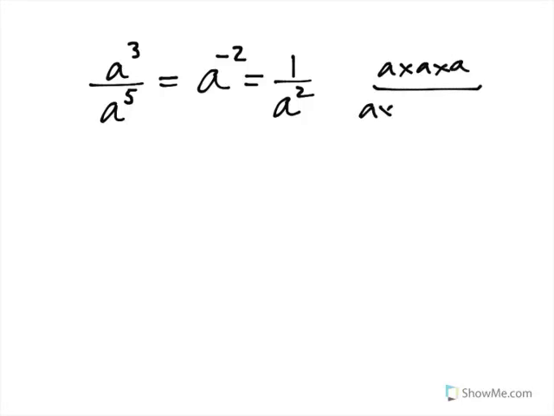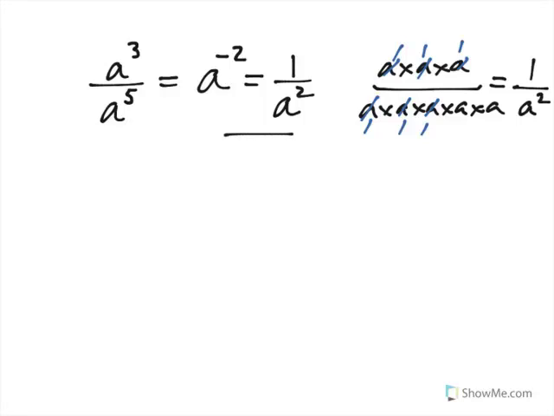The denominator is a times a times a times a times a. We can see that these a's will cancel out to leave us 1 at the top, 1 times 1 times 1, and in the denominator 1 times 1 times 1 times a times a is a squared. So this answer was correct.